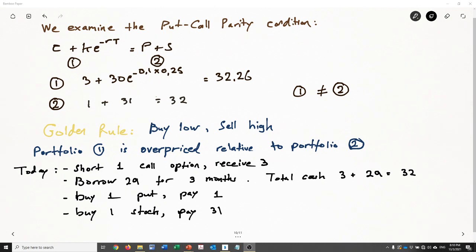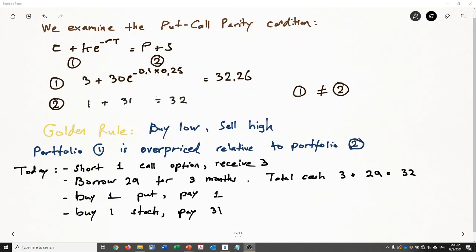Today we will short one call option, which means we will receive $3, and we need to borrow 29 in order to have 32. Why do we need 32? Because I want to buy one put option and I want to buy one stock.